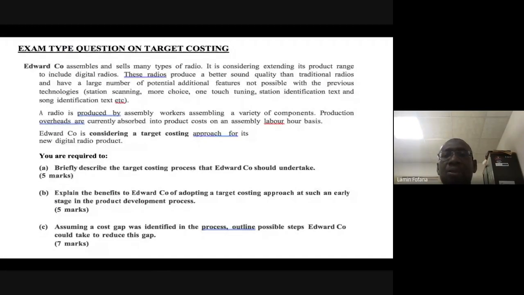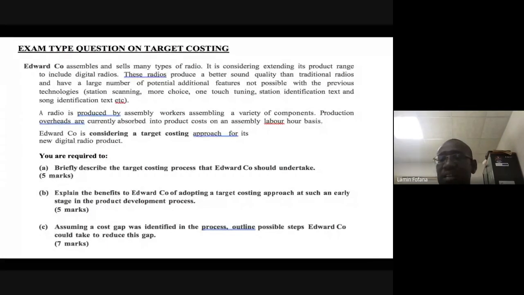Okay, so the last stage, which is bridging the gap between the target cost and our estimated cost, you have to employ kaizen costing and value engineering. How do you remove the gap? You of course look at your production processes.